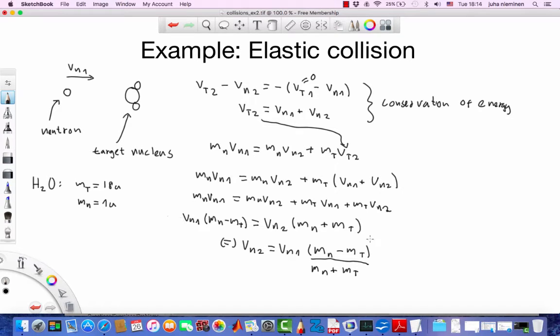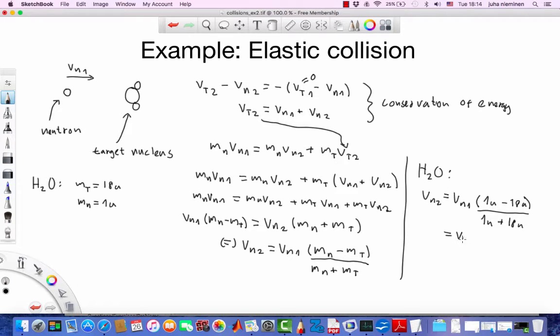If we put that in here, for H2O we would get Vn2 to be Vn1 times the mass of the neutron, 1u, minus 18 from the target, divided by 1u plus Mt, so 18.